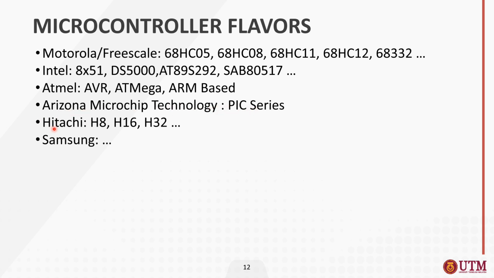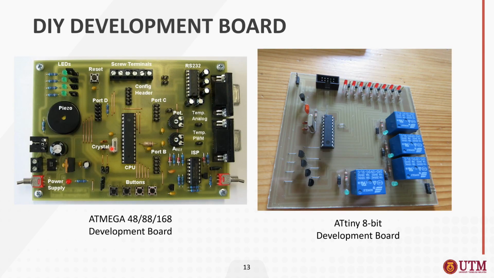You can also get from Hitachi, and from Samsung and so on. So we have lots of examples of the micro C that has been used throughout the world or throughout the university.